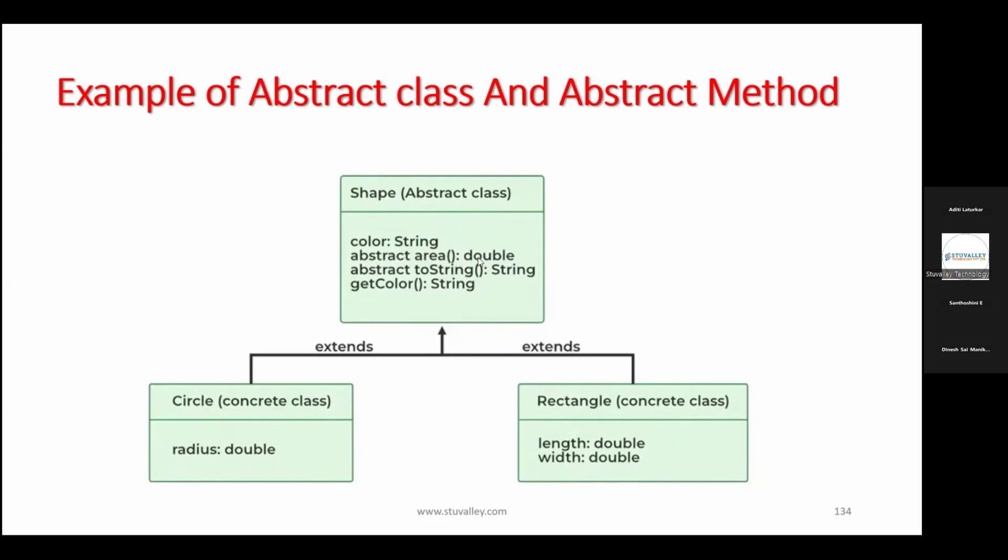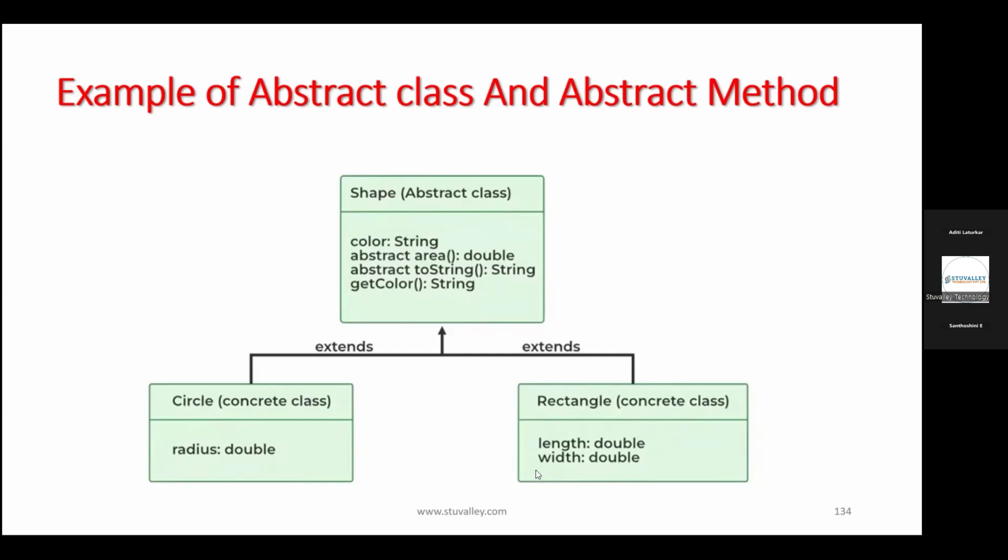So you can create this area method as abstract in the Shape class, which is a parent class, right? And you can override this area method in the Circle and Rectangle classes and calculate the area according to the created classes.